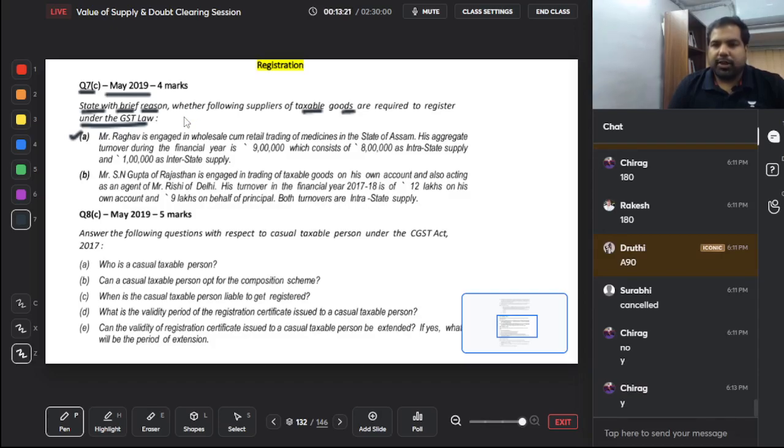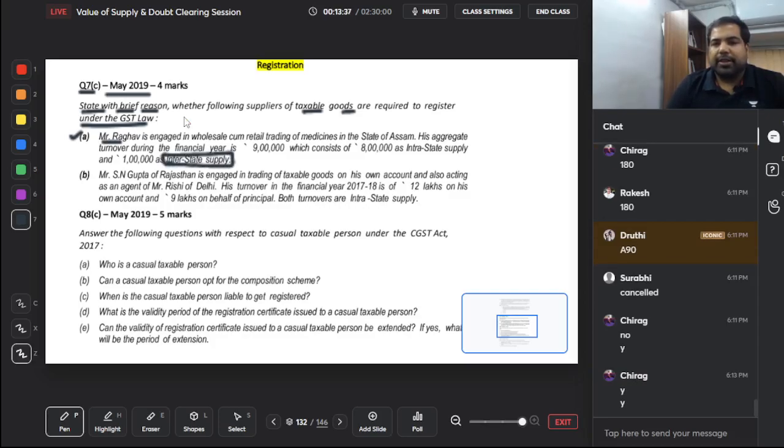Always check first for section 24, especially interstate supply. Guys, Raghav is selling medicines in Assam, but he's doing interstate supply of goods. Will he have to compulsorily register? Yes, compulsory registration under section 24.